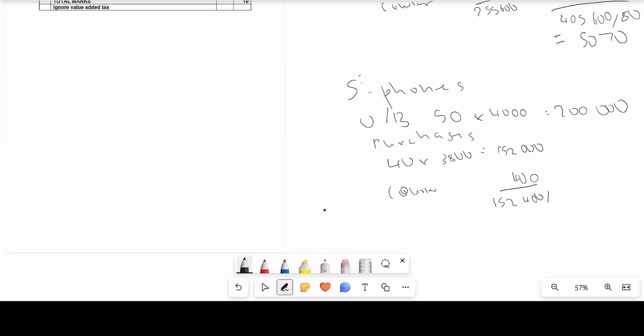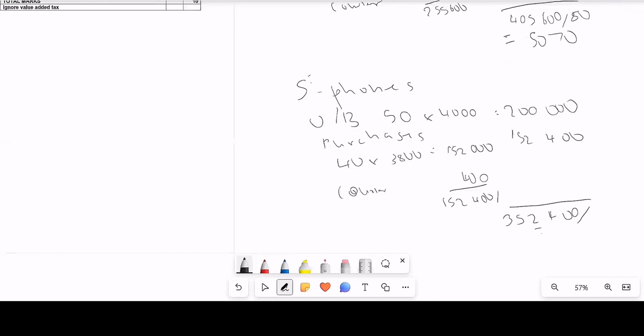Okay, this is it. So total purchase will be 152,400. And the total here for total S phones is going to be 352,400. Then we're going to have to divide this by how many total units there were.